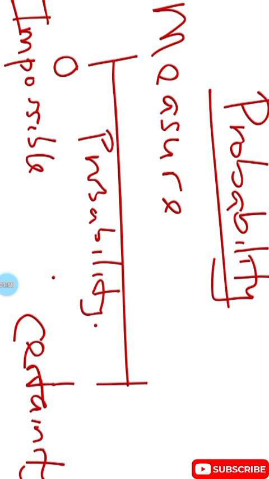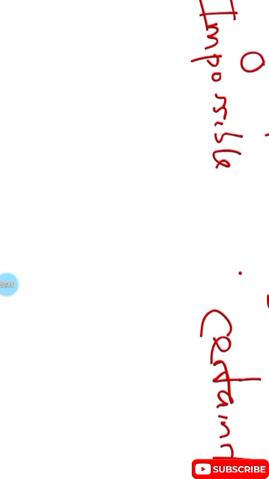So, like I just defined earlier, probability can simply be defined as a measure of the degree of likelihood of an event happening. So, classically or traditionally, the formula for probability is denoted by PR.